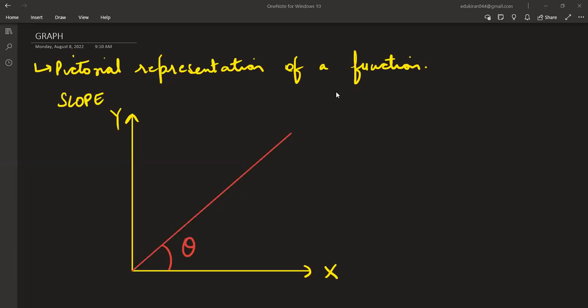Just the basics of graphs I want to discuss with all of you, because you have graphs in your exam from this topic. See, the basics of graphs you should be able to understand. If this is x and y, x-axis is given and y-axis is given, and you're seeing a straight line.